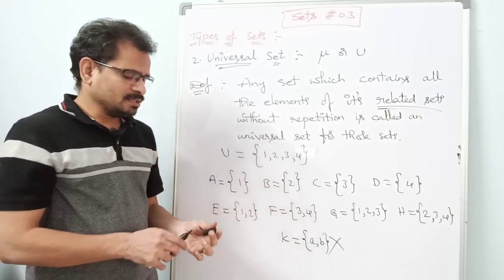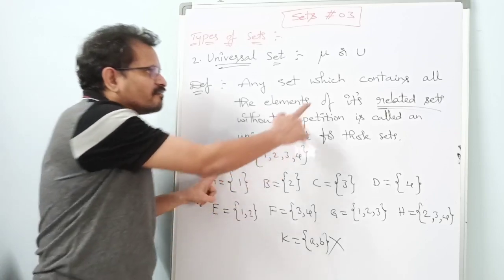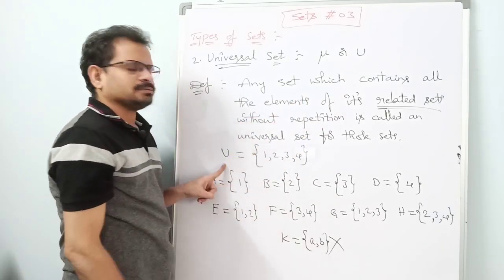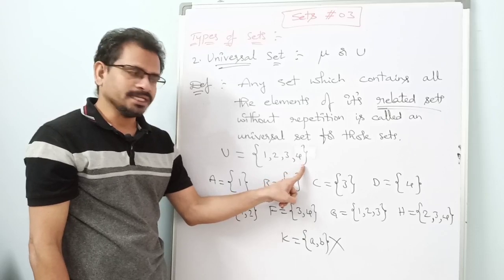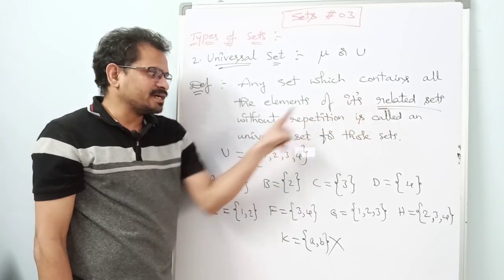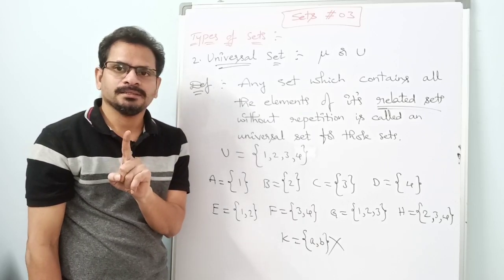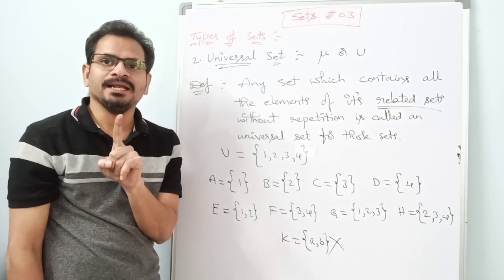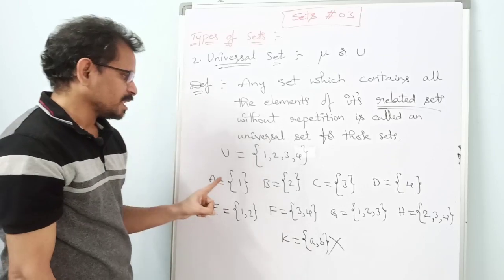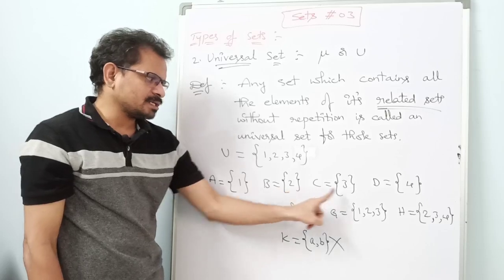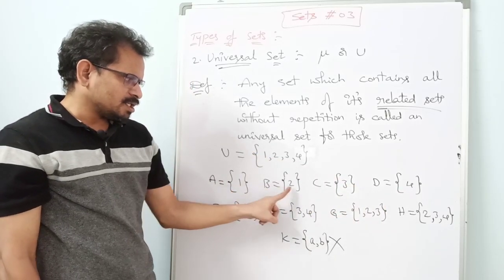Let us check. Any set which contains all the elements of its related sets. All the elements must be there. No single element must be different. So this element is there, this element is there. 1 and 2: already 1 is there, 2 is there.